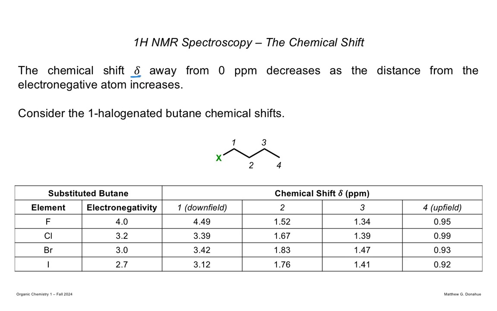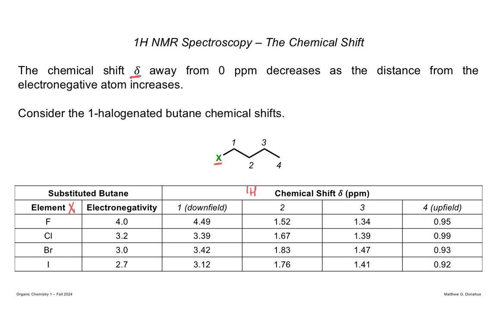So the chemical shift, that magnitude will decrease as you move away from the carbon atom bearing the heteroatom. So again, X here are your halogens. And what I've numbered 1, 2, 3, and 4. Again, these are the chemical shifts of the hydrogens attached to those carbons.